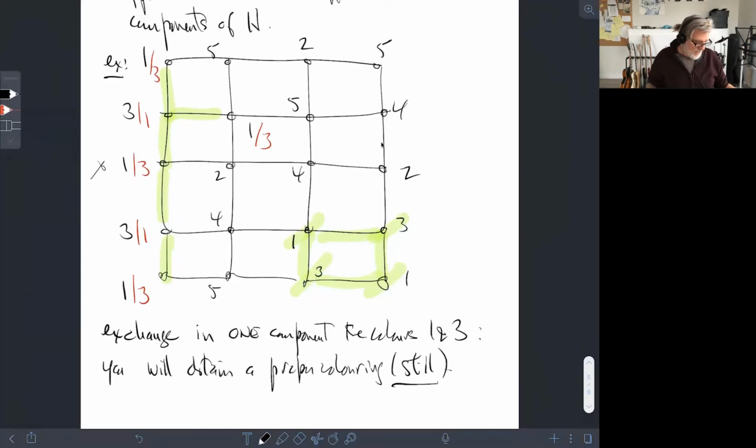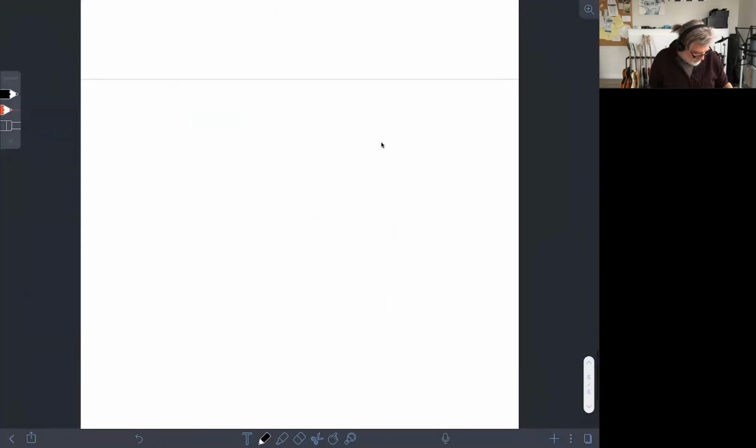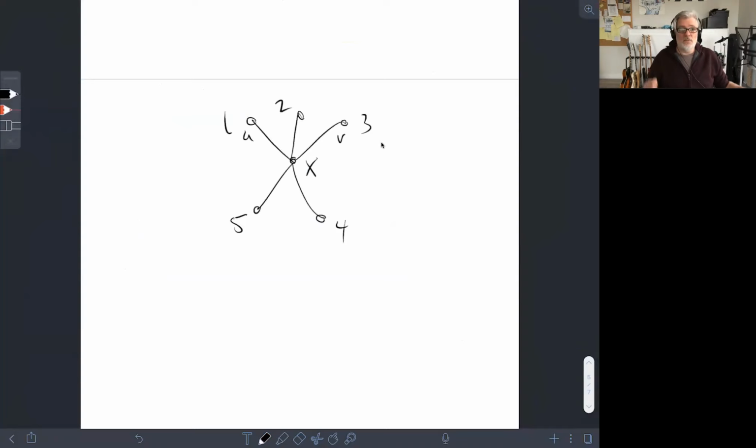Okay. Now you're going to say, so what? Well, let's go back to our graph here. Okay, so I had U here and V here. So we said suppose that U and V are in different connected components of this 1,3 induced subgraph.